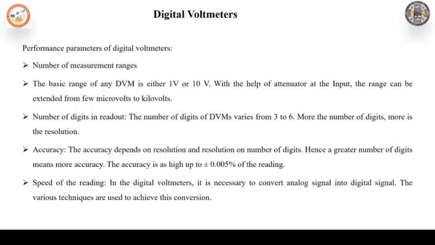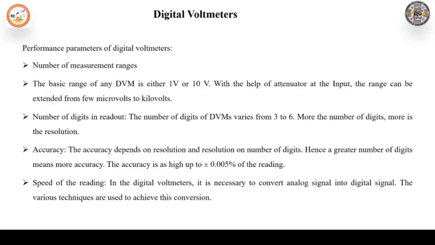Such a digital output reduces human reading and interpolation errors and parallax errors. The DVMs have various features and advantages over conventional analog voltmeters having pointer deflection on a continuous scale.